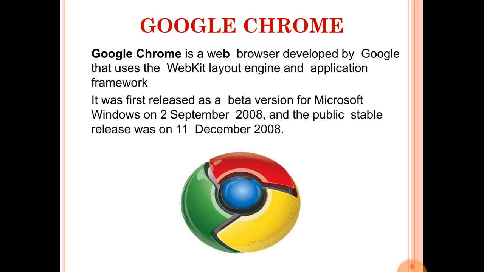It was first released as a beta version for Microsoft Windows on 2nd September 2008, and the public stable release was on 11th December 2008. From 11th December, users can download and use Google Chrome.